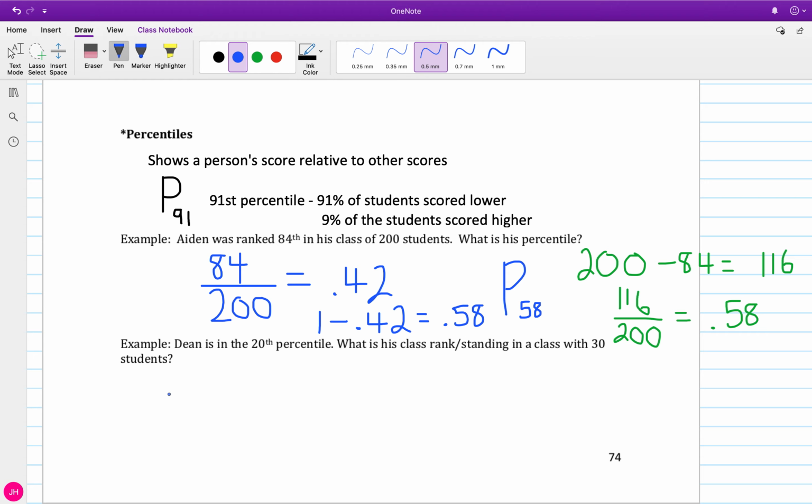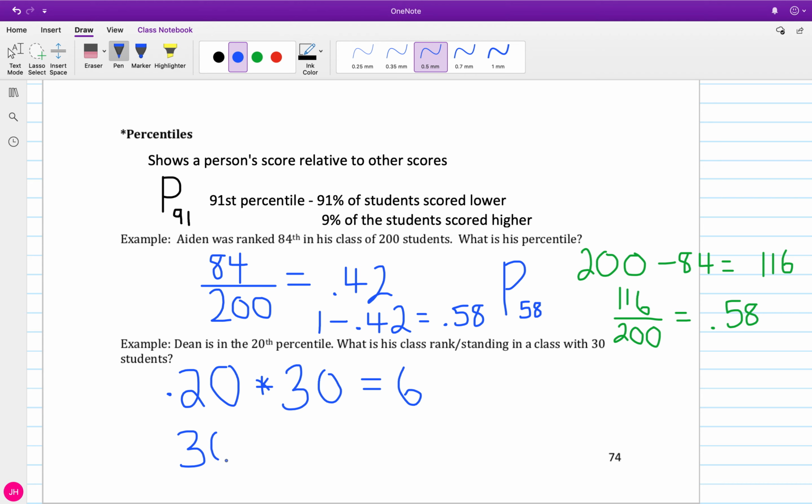I'm going to multiply. So I'm going to take the 20% and write it as a decimal. I'm going to multiply that by 30 because that's how many people were in this class. So 20% times 30 gives me 6. So this tells me there are 6 students below Dean.